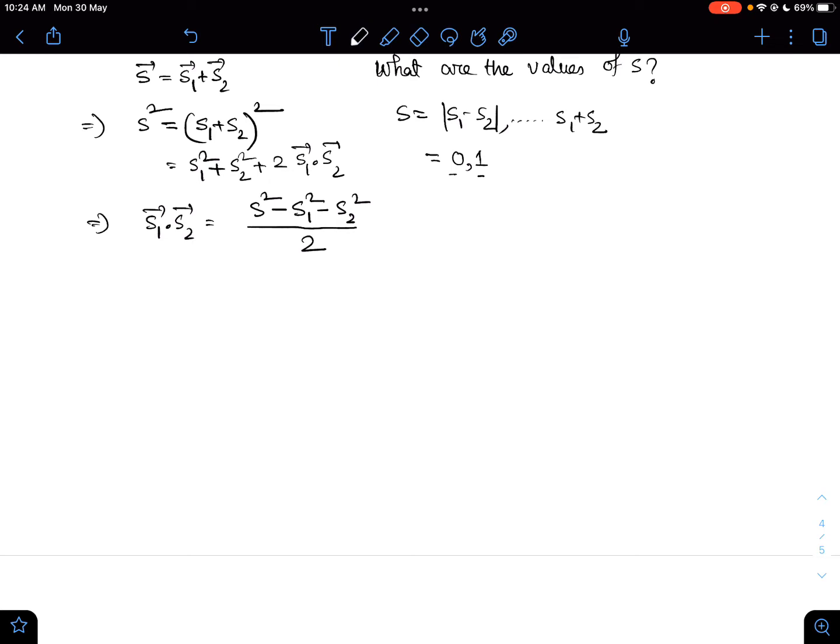Now we know that S squared, S1 squared, S2 squared and Sz are simultaneously diagonalizable.